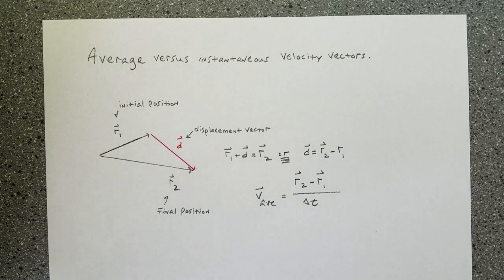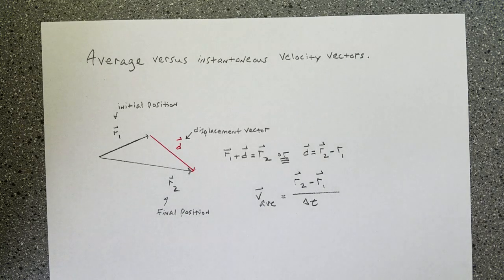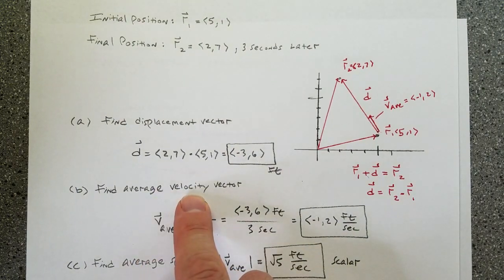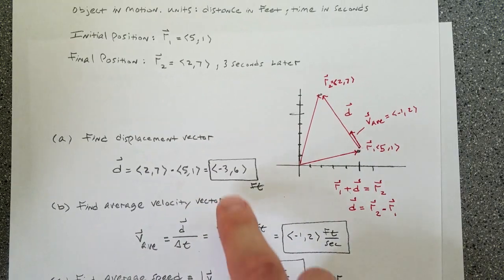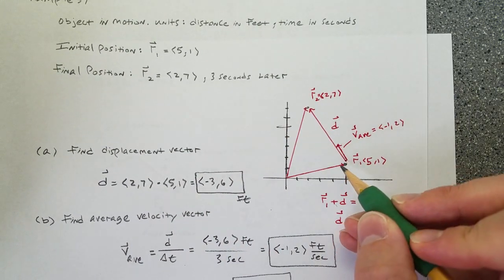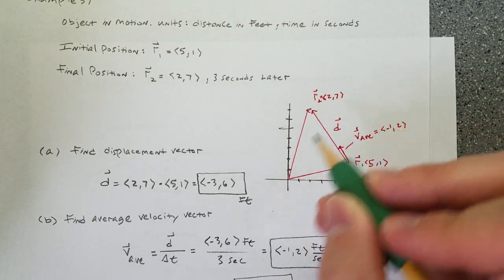It doesn't tell you anything about anybody's particular score. Same thing with average velocity. You see how this really can't tell you the whole story? If I say that's the displacement, do we really know that to get from here to there was exactly along that vector D?